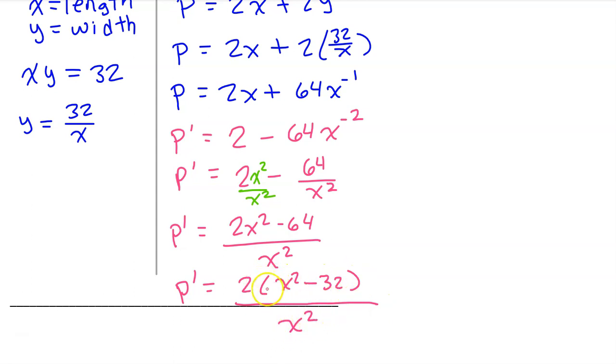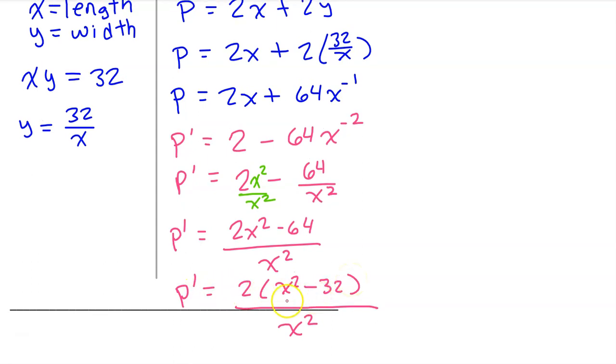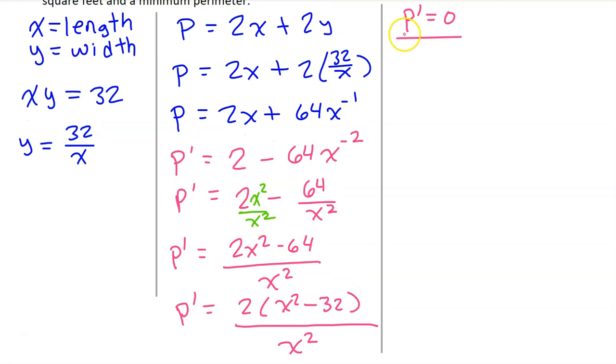Now we need to find the critical values where p prime is equal to 0 and where p prime is undefined. Where does p prime equal 0? Well, a fraction will equal 0 when the numerator is equal to 0. So that means 2 times x squared minus 32 must equal 0.